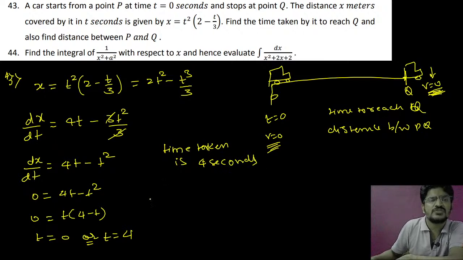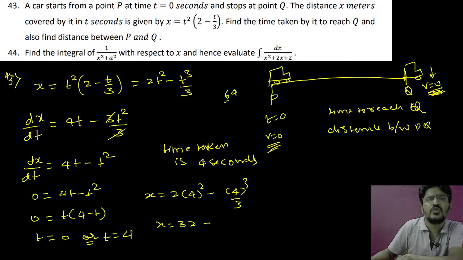Okay. Now let us find displacement, that is x, the distance. x is equal to 2 into 4 square minus 4 cube divided by 3. So 4 square is 16, 16 into 2 is 32. 4 cube is 64, so 64 divided by 3.